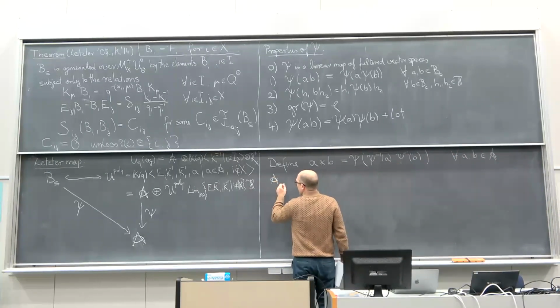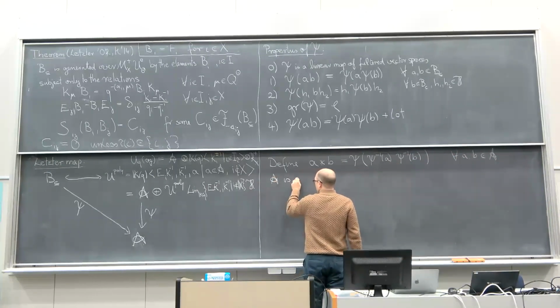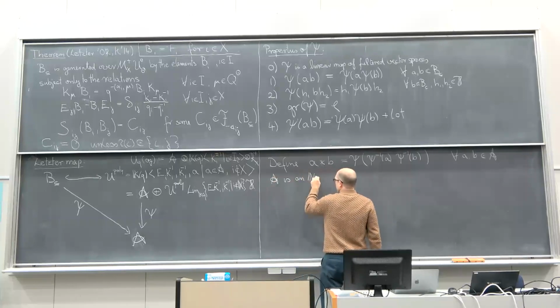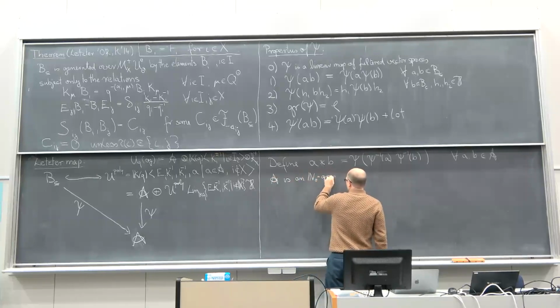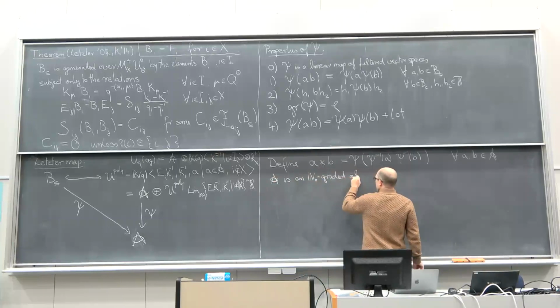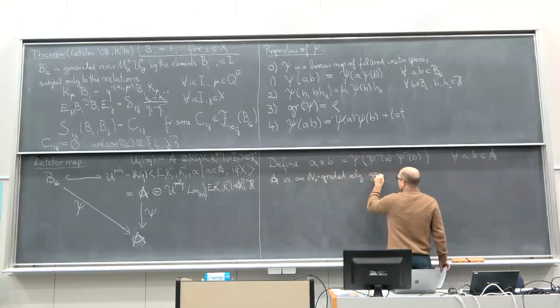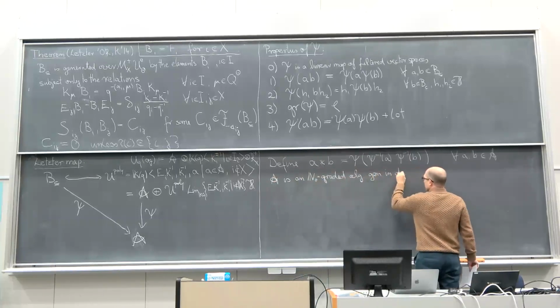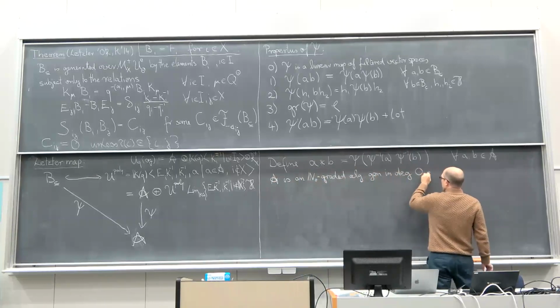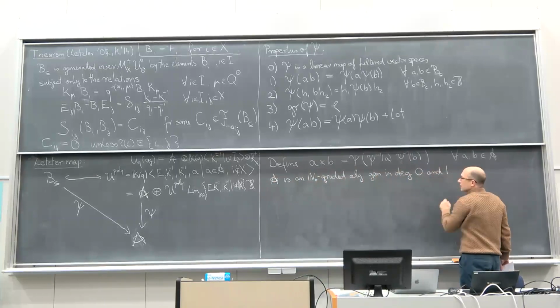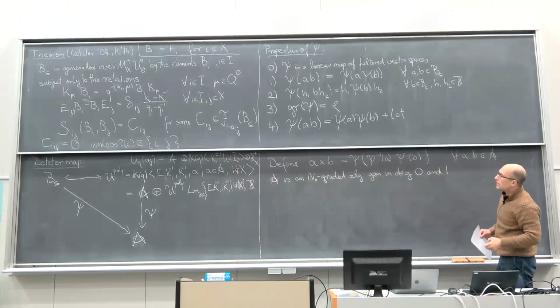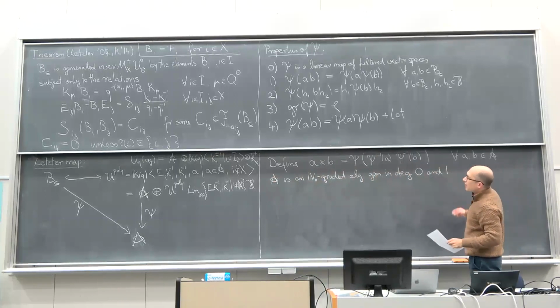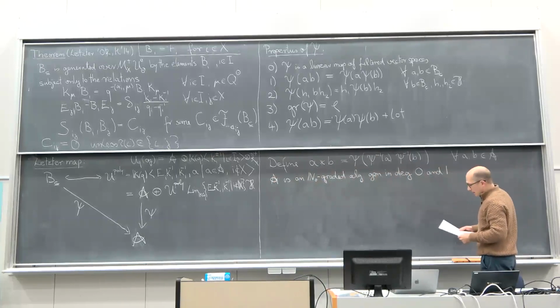Our algebra A is an N0 graded algebra generated in degree 0 and 1. So the generators F_i for i not in 0 and x, they sit in degree 1.